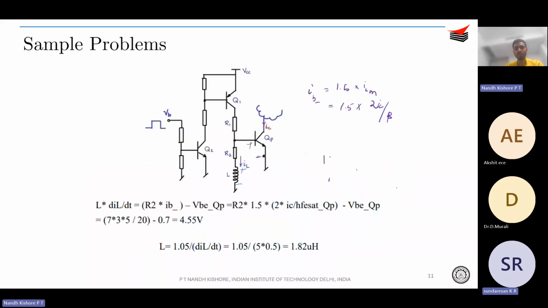Or as a rule of thumb, generally we take IB minus as 1.5 times IB. So with that information, you just need to substitute the given values over here. So you get 4.55 volts, that is your L di by dt, right? So L di over dt is 4.55 volts. Therefore, L is basically 4.55 over di over dt. So this is not 1.05, this is 4.55.